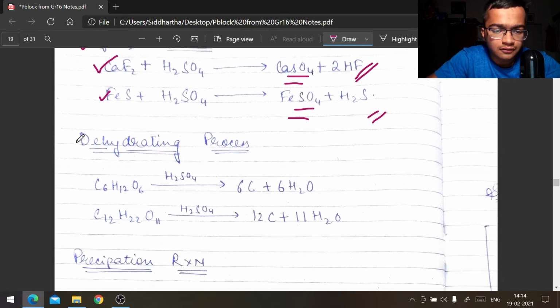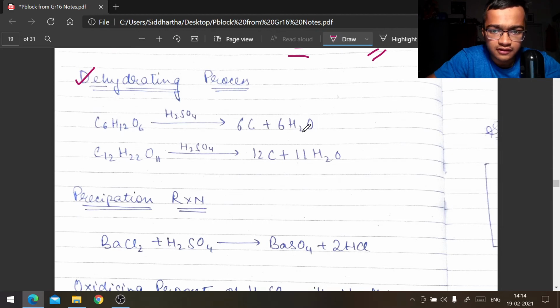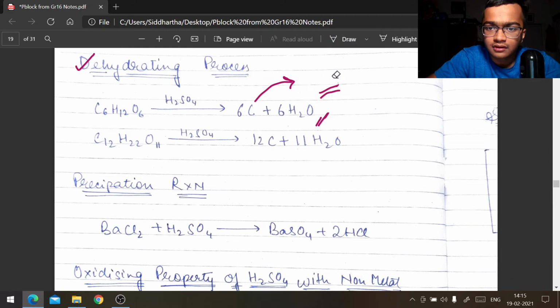Okay, now we know sulfuric acid acts as a strong dehydrating agent, right? See, it is extracting the water completely, and the carbon is black, right? So when you add sulfuric acid to sugar or glucose, any sort of carbohydrate, you obtain a black color because the water is coming out and only pure carbon is left, which is black.